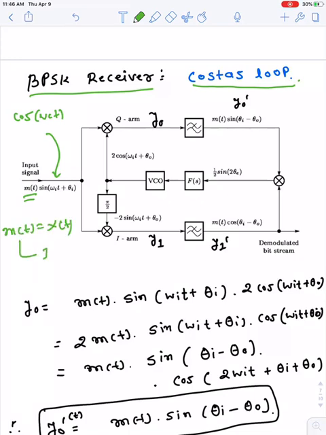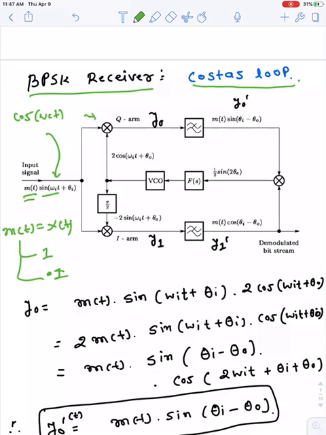It can take the two values, either 1 or minus 1. So your signal is received as either sine omega ct plus theta I or minus sine omega ct plus theta I. Sine and cos have no difference. Earlier we considered cosine, but in this diagram it's shown as sine, but this is the same thing.